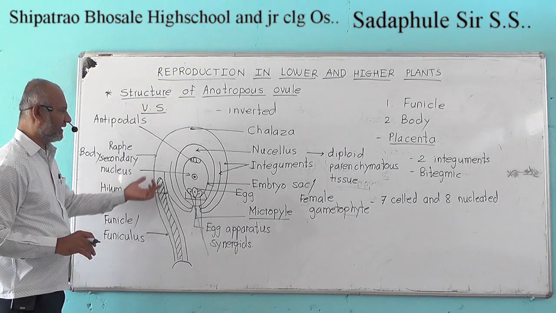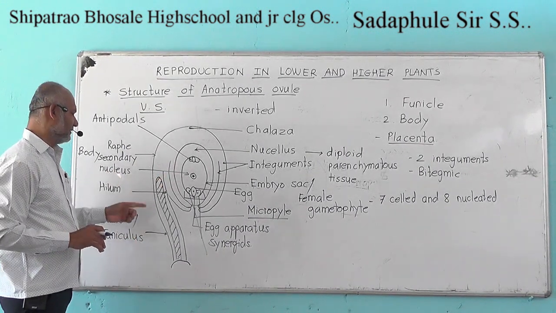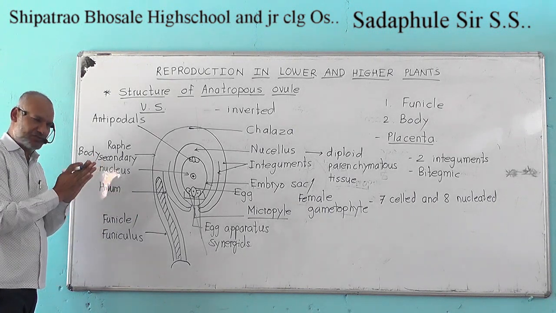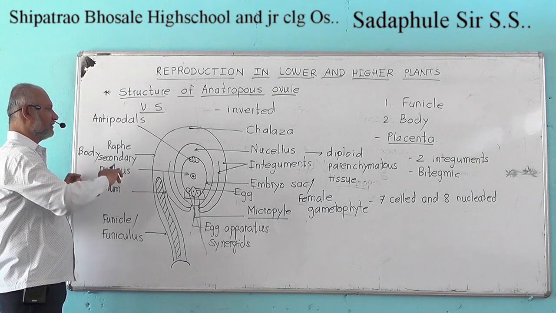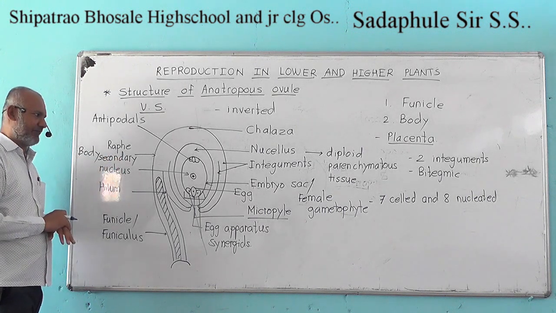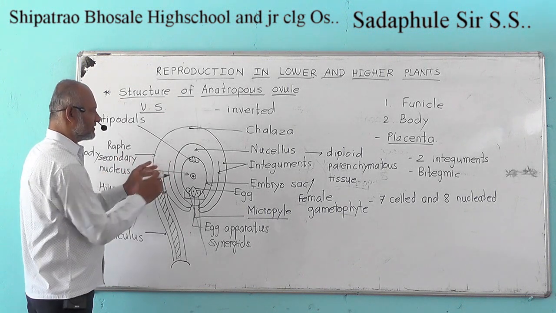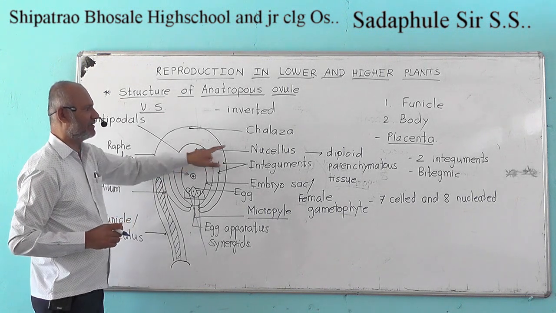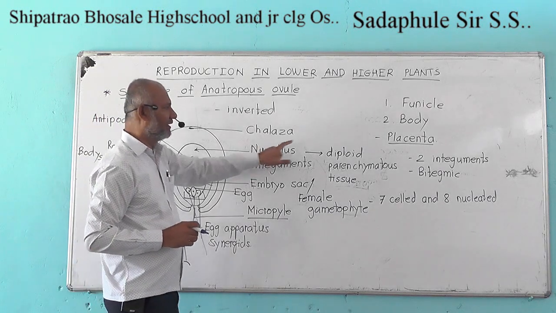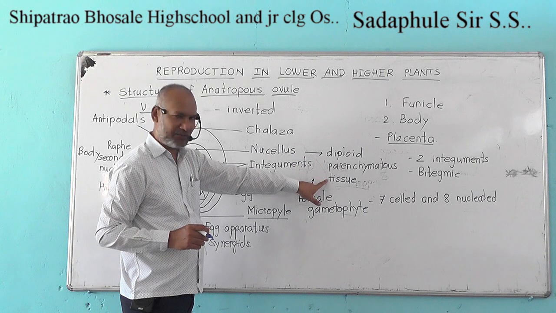During joining there is formation of a ridge-like structure which is termed as raphe. Now this body consists of central major part termed as nucellus, formed from diploid parenchymatous tissue.